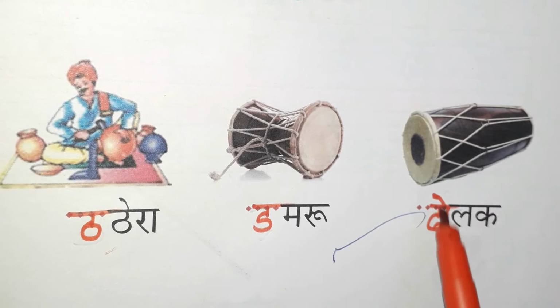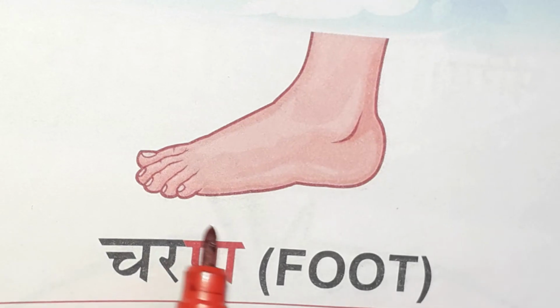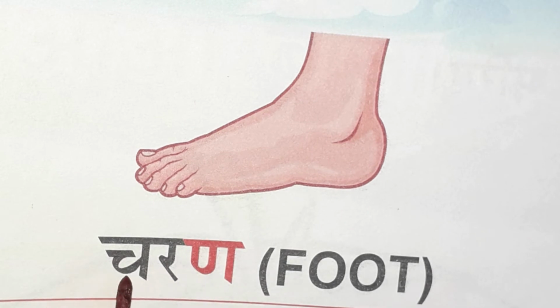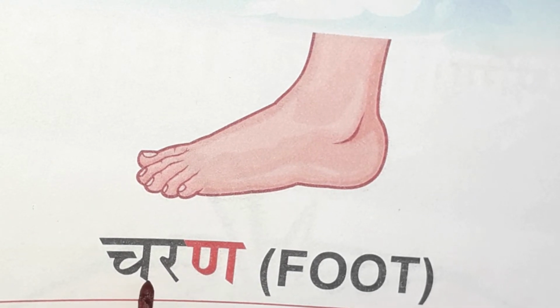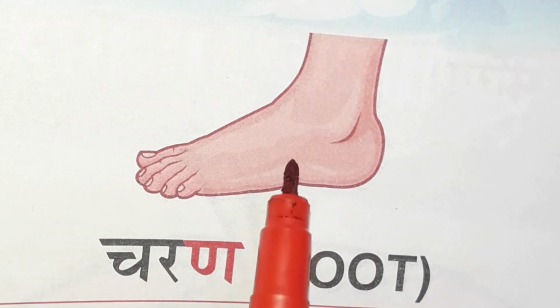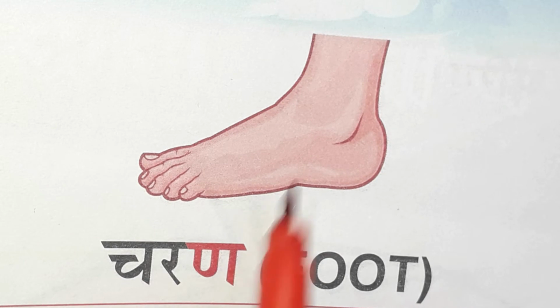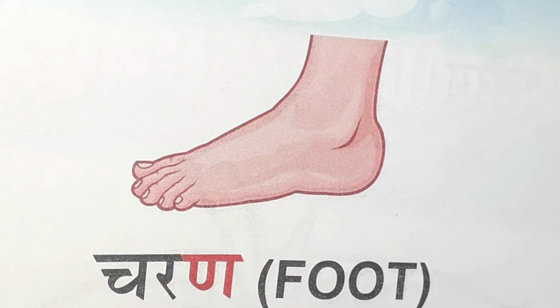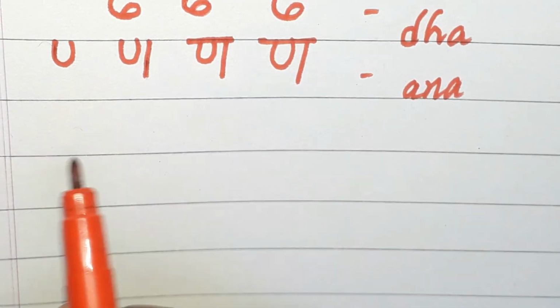And the next is dha. Dha say dholak. See here, though this letter is not starting with ana, it ends with ana. But still I'll tell you one word using this: ana se charan. Charan means foot.